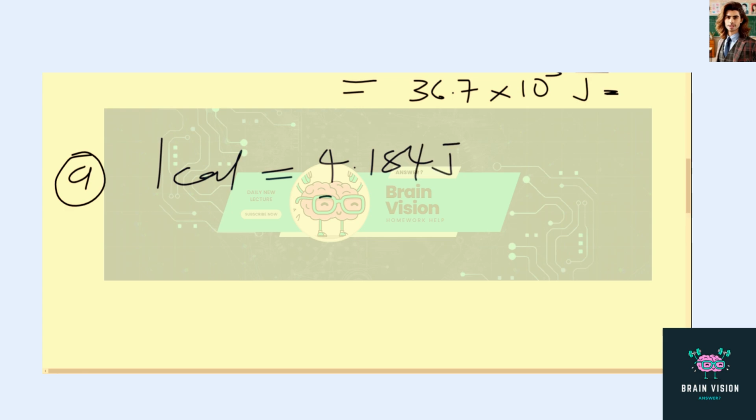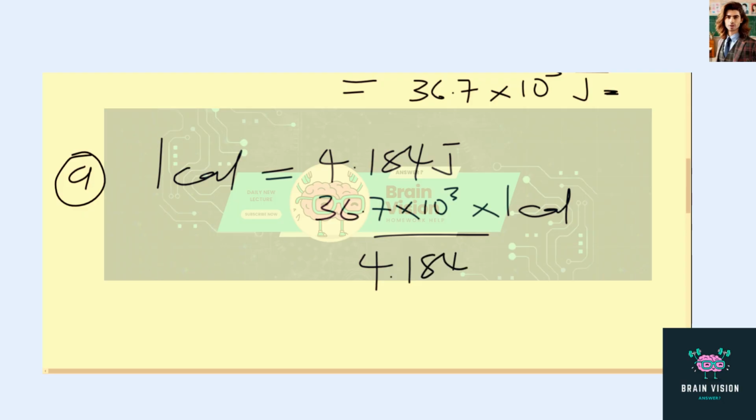So our 36.7 times 10 to the power 3 joules multiplied by 1 calorie divided by 4.184 joules. We have joules here; this cancels this, and we are left with calories. This leaves our answer as 8.7 times 10 to the power 3 calories.